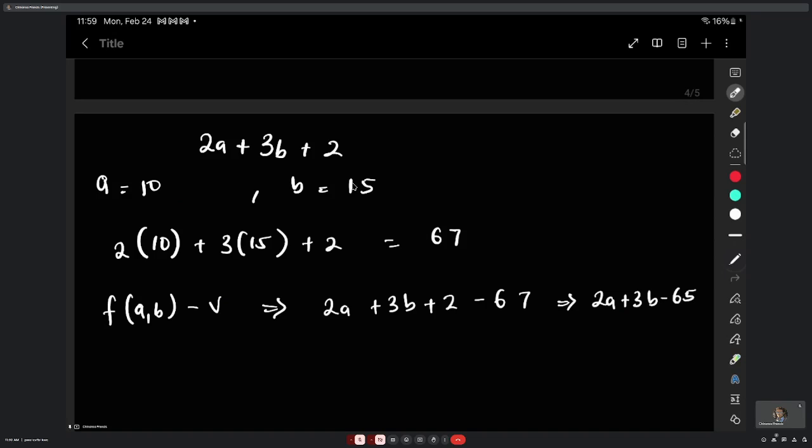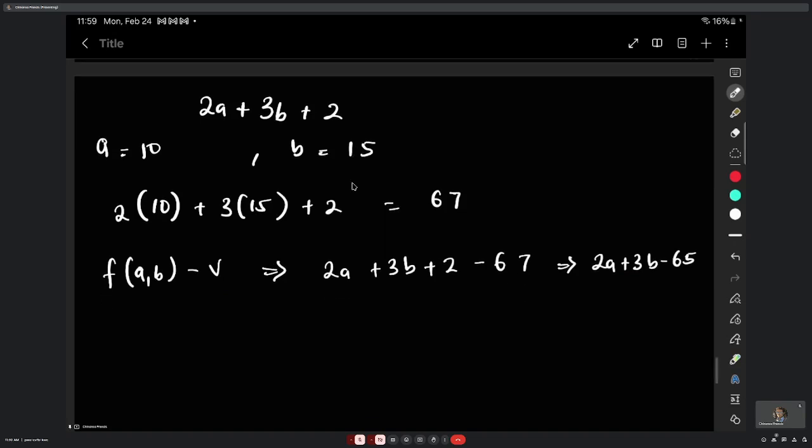Now this polynomial, we want to divide it by our denominator, which will be A minus 10, B minus 15. This is our denominator.